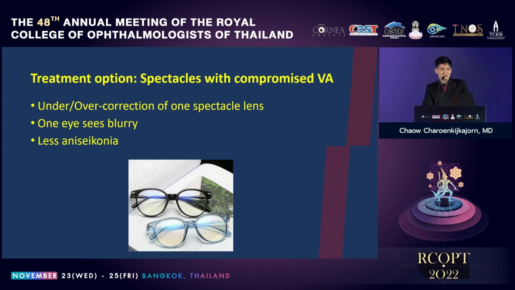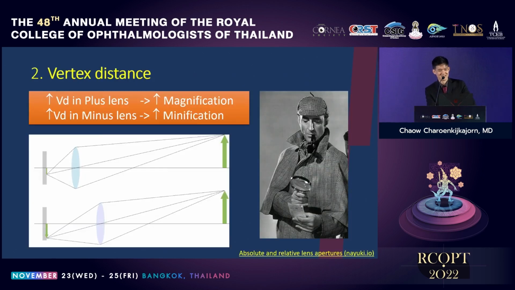We can try to undercorrect or overcorrect one spectacle lens. So one eye might not see 20/20, it can become like 20/30 or 20/40, but the patient sees more similar image size. Okay, so this is one option that we can choose from.